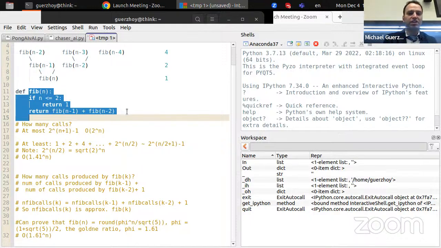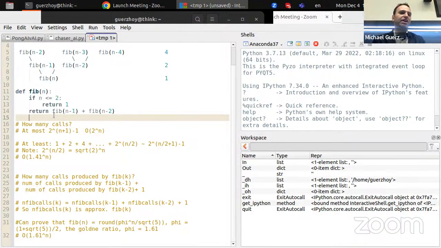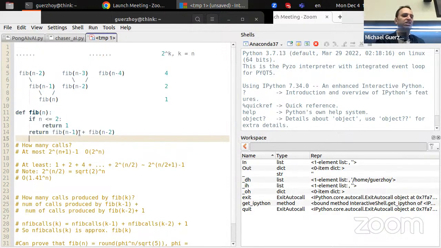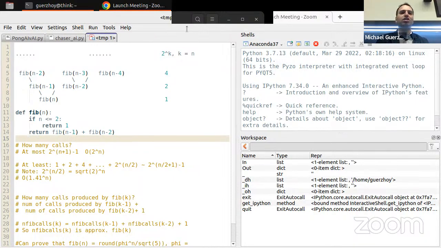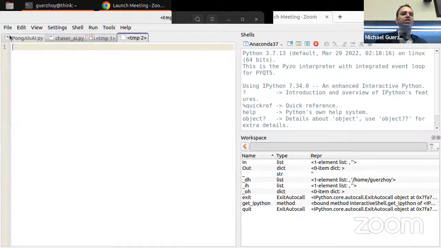So you have to think about all of those ways in order to estimate the complexity. And sometimes it's very difficult to figure out what the complexity is. So I want to give you one example that shows really starkly how difficult it can be to estimate the complexity of something.